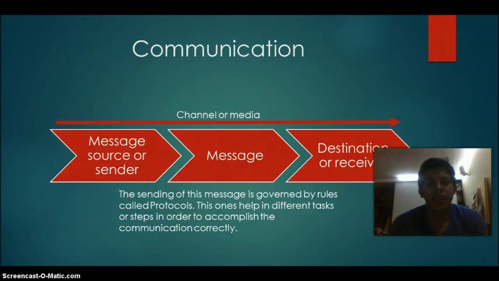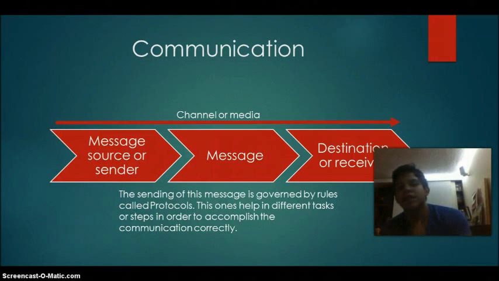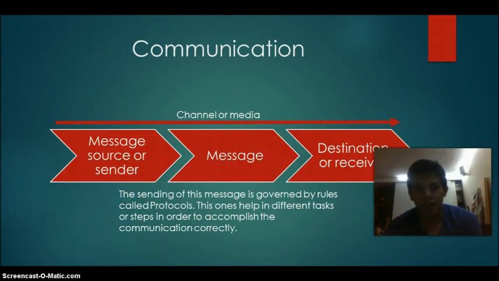What it wants to transmit is called the message, and this message should be understandable, and it should be sent in a channel or media.